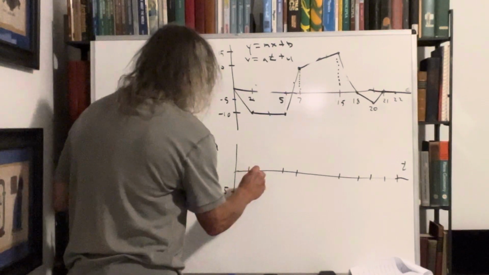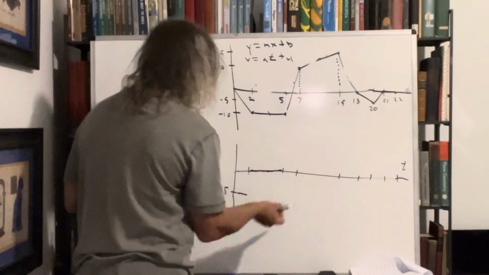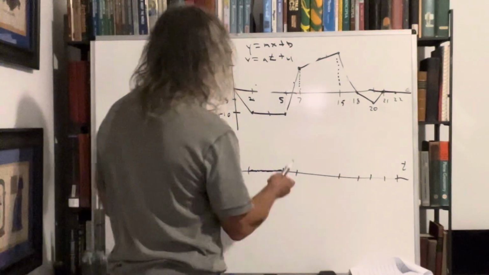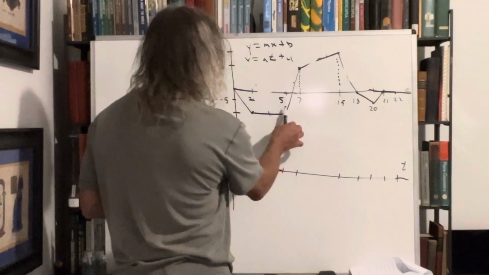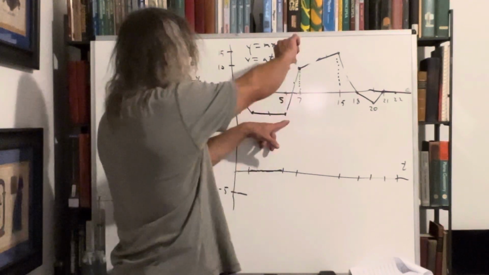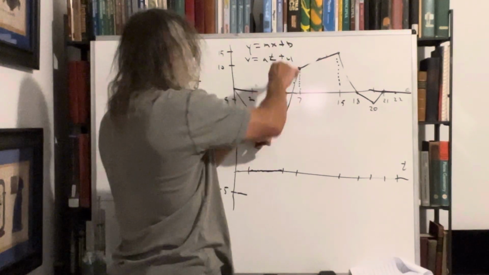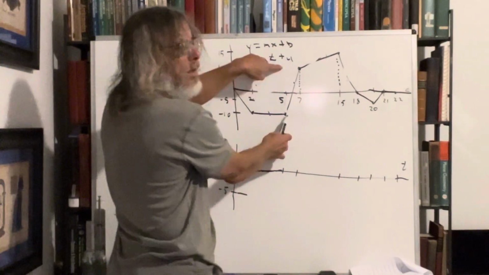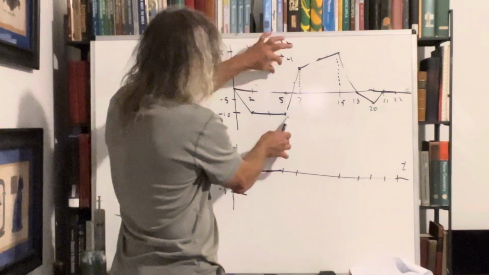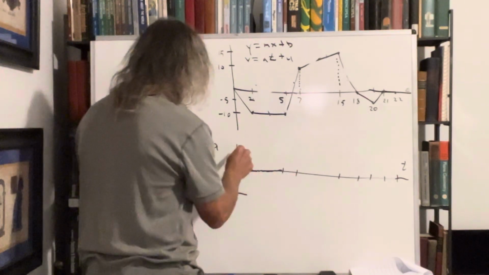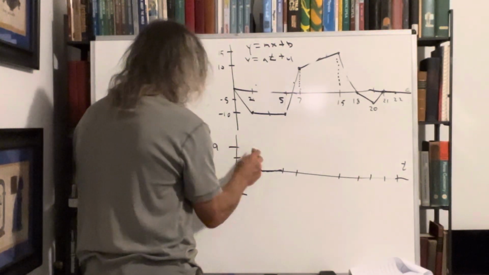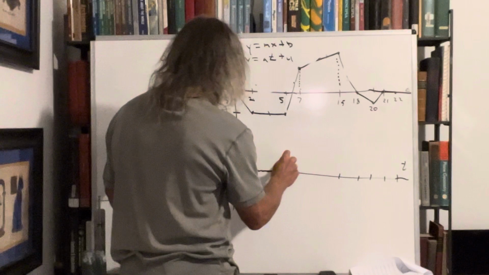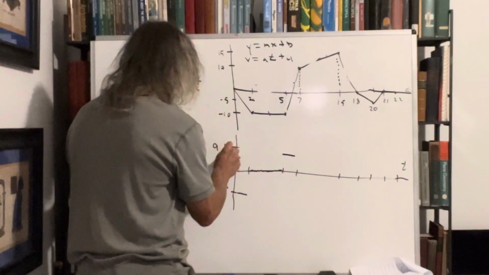Then to go from 5 to 7, a distance of 20, up 20 over 2. You go up from negative 10 to 10, that's 20, and over 2. 20 divided by 2 is 10. So here, acceleration is 10.